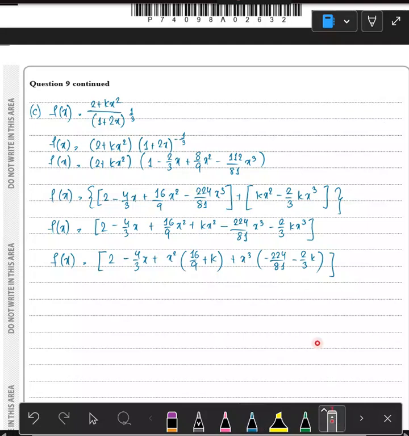So 2 by 3k is this part, negative 2 by 3k. So I have given the answer with the coefficients in terms of k, as they have asked, and that is the answer for part C.